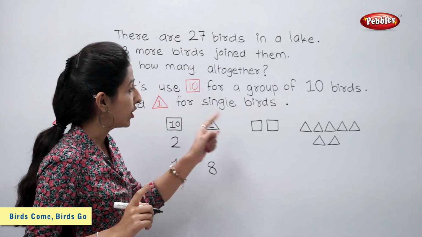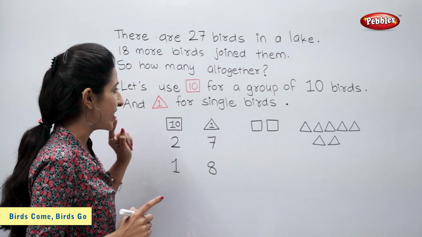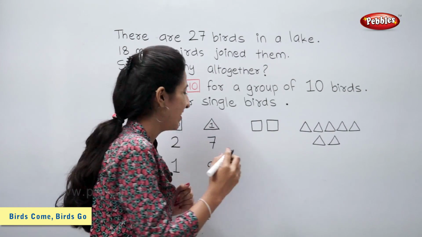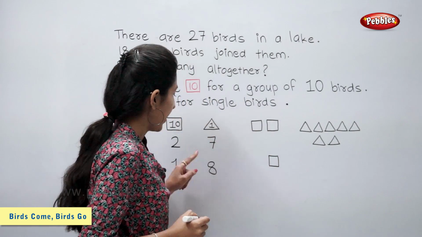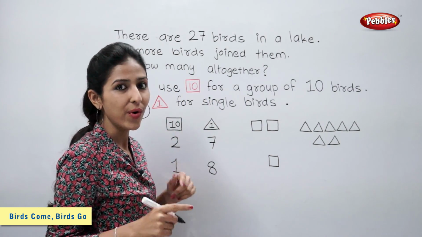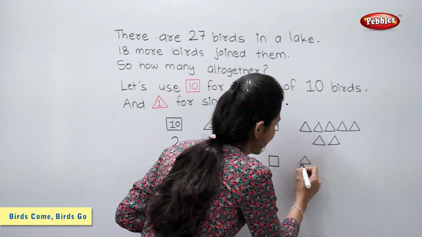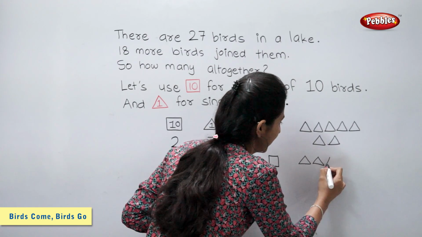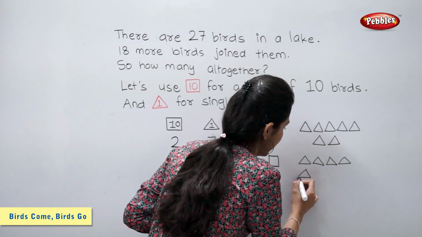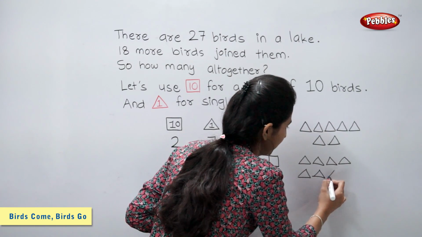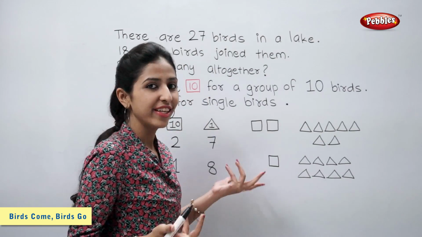Let's write 18 using squares and triangles. 1 tens, so 1 square. 8 ones, so 8 triangles.